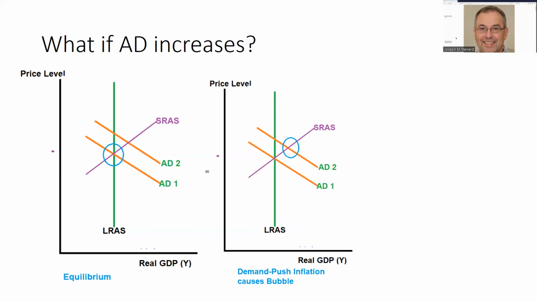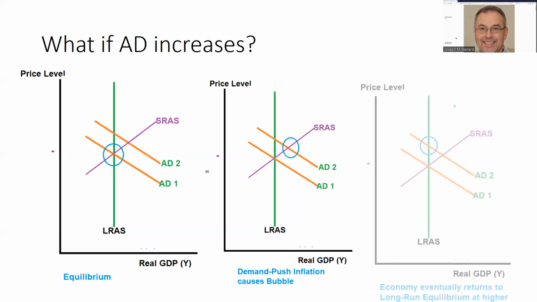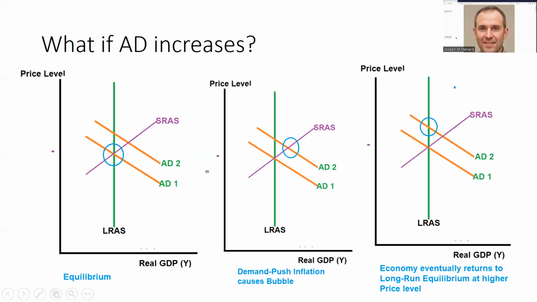And that higher price and higher production then most possibly lead to a decrease in the short-run aggregate supply curve, because the producer is realizing now that not only can they sell for a higher price, but they have to buy everything at a higher price. The cost of labor is higher, the cost of energy is higher, the cost of materials is higher, the cost of rent is higher, the cost of everything that goes into supply is higher.